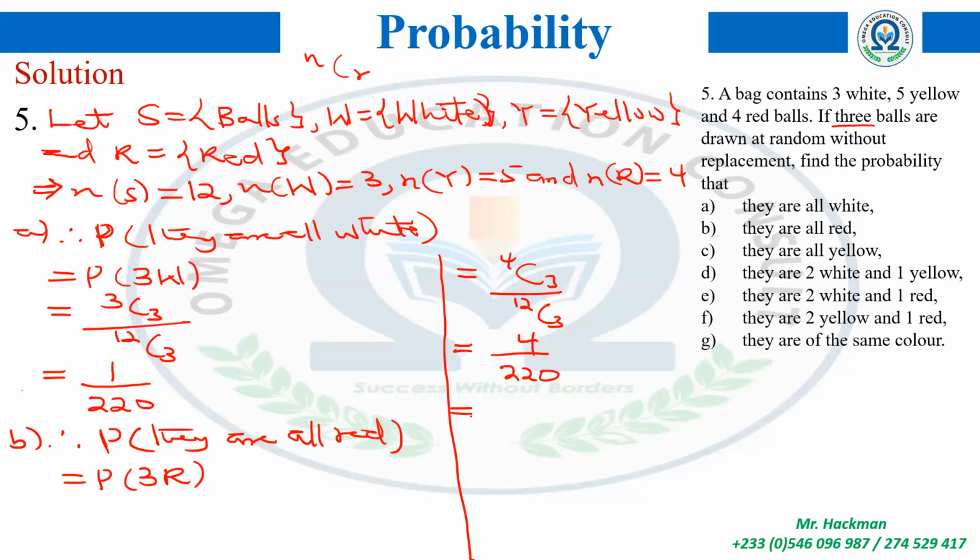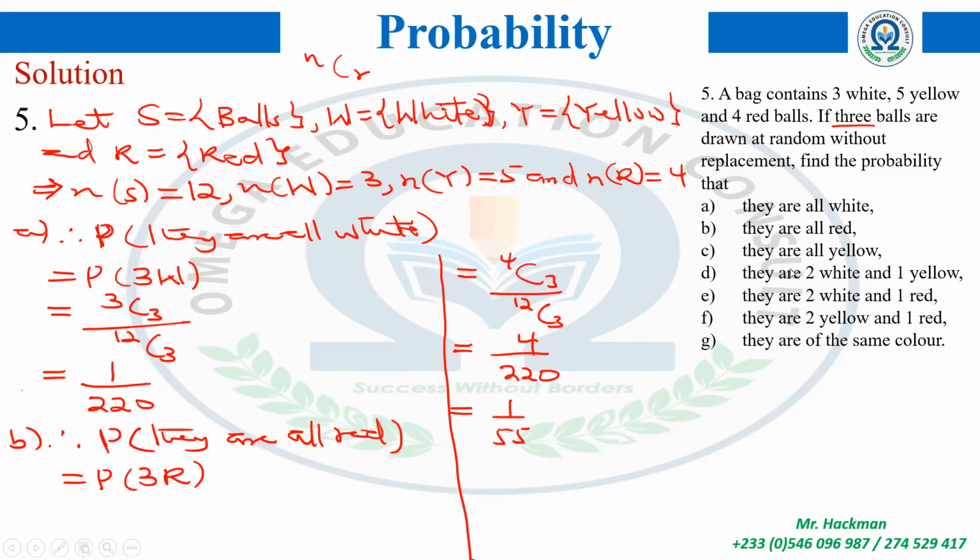Now you know you can reduce this, so reduce and give me the value. 1 over 55. Do you all agree? Are we in agreement? Great. So this becomes the answer.